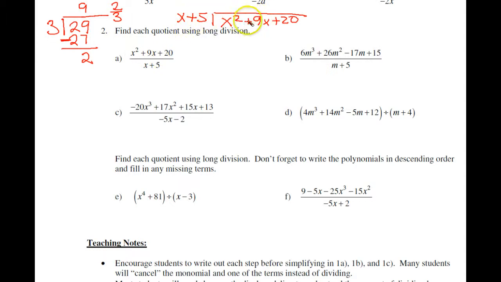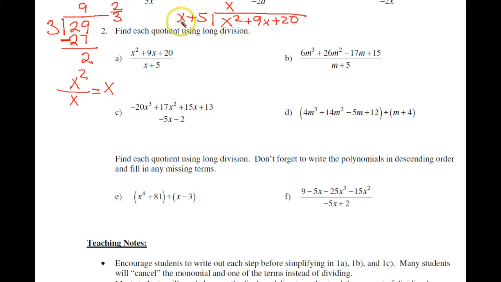This is how it's set up. Now, you want to see how many times x will go into this. Well, a technique for figuring that out is to take this x squared, divide it by x, simply like that, and that's going to be x. So this is what we put here, x.